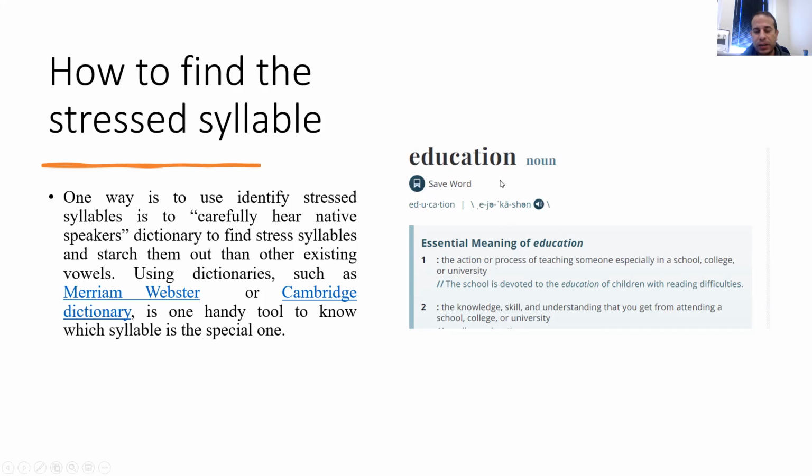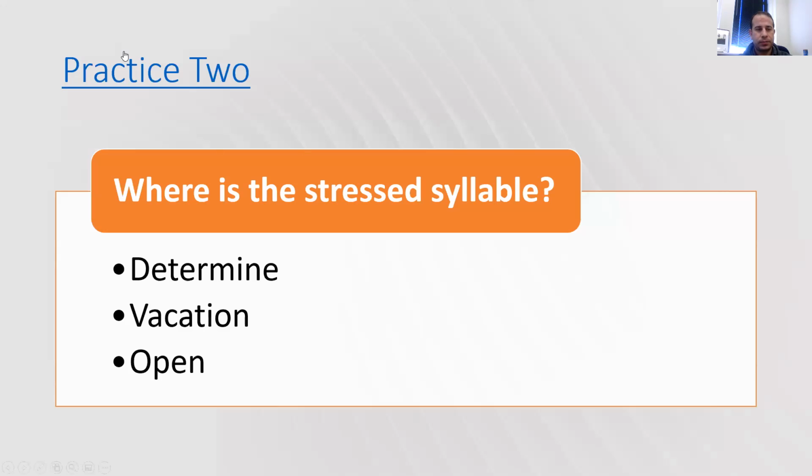So here we have the word education. This is a stressed one. Okay, do you have any questions so far? Okay, let's practice this. So just try to open, via your mobile devices, any dictionary or any application you have, and let's practice this together.